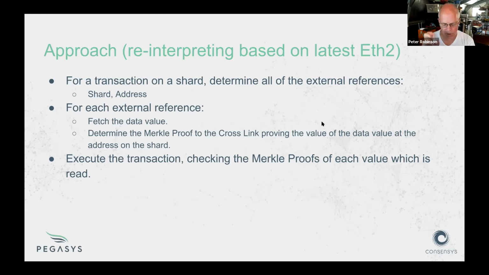So if you've got a data value somewhere, you can do a Merkle proof given it's in the state, use the cross-link to prove that that is the correct value. And so then on the original shard, you execute the transaction and you supply all this information about all the Merkle proofs for the other shard and address pairs. And then when the transaction executes, it returns the values that are returned.